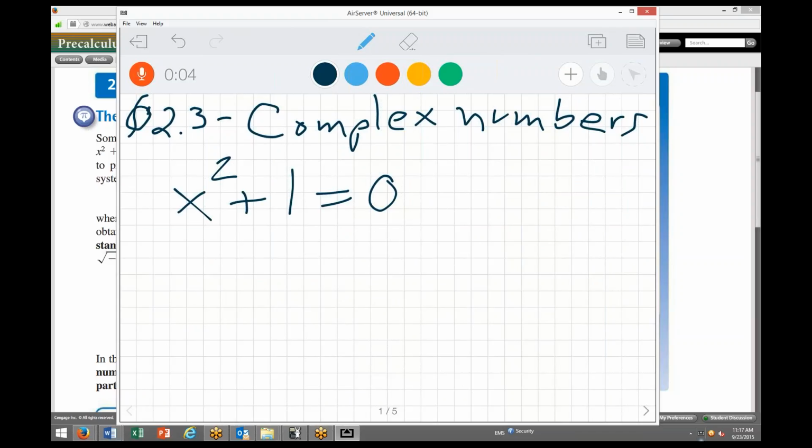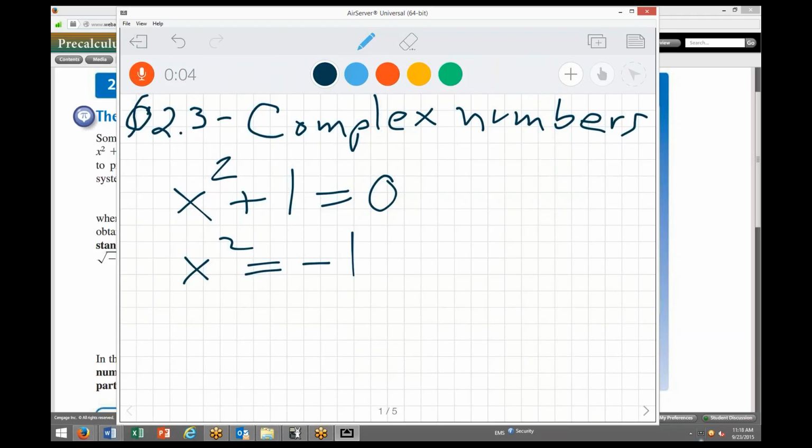It looks simple enough at first glance. Nothing seemingly complicated about this equation, but when we try to solve it, of course, subtracting 1 from both sides, we immediately encounter a problem: x squared has to be equal to a negative number, negative 1.